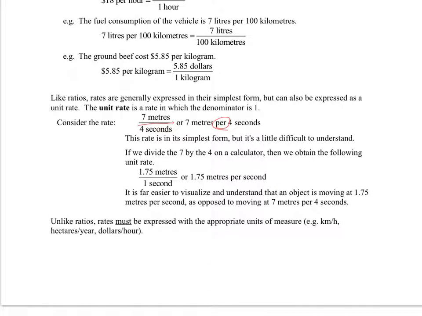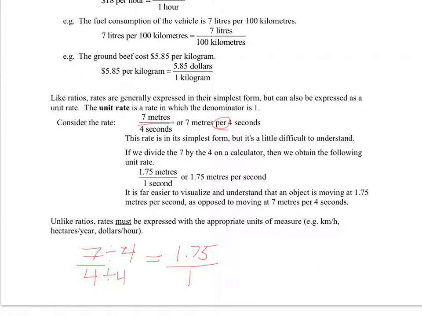So what you generally do is whatever the bottom unit is, you divide both of those by the bottom unit. So we had 7 meters per 4 seconds, and we divide by 4, because 4 is the bottom unit, so you have to divide both by 4. 7 divided by 4 gives you 1.75. You can use a calculator for that, per 1.